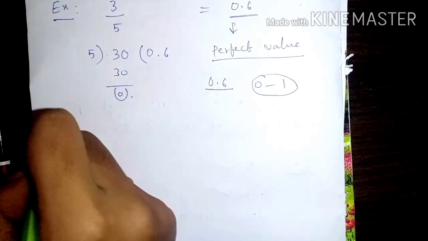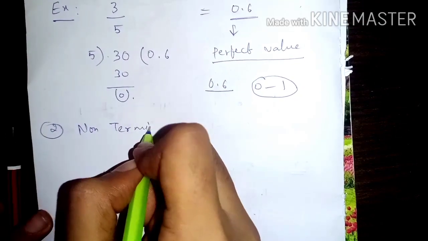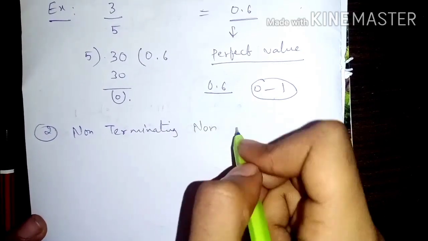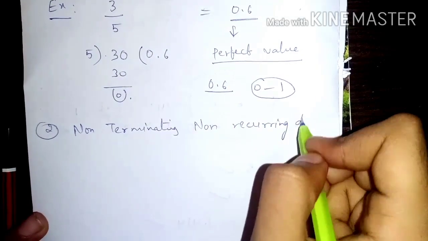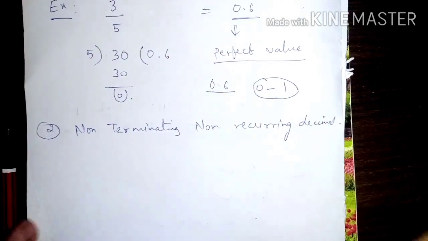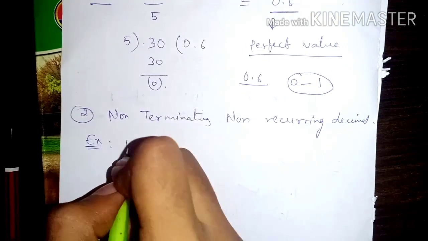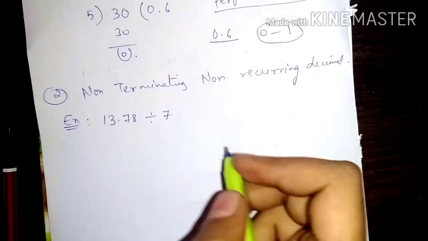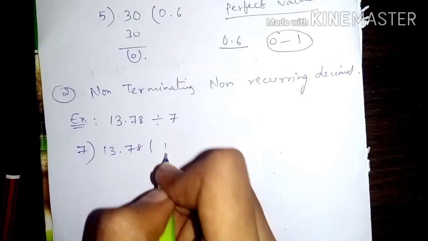The second one is non-terminating, non-recurring decimal. Here also I will take an example and explain. 13.78 divided by 7. So 7 into 13.78. 7 ones are 7.